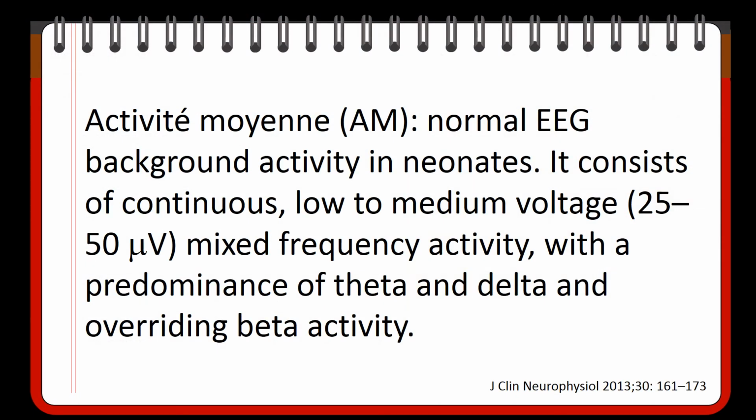Activité moyenne has been defined as a normal EEG background pattern in neonates. It consists of continuous low to medium voltage, 20 to 50 microvolts, mixed frequency activity with the predominance of theta and delta, and overriding beta activity is present according to some authors.